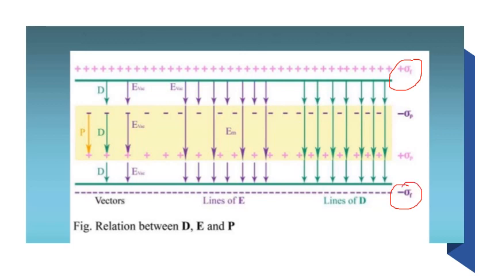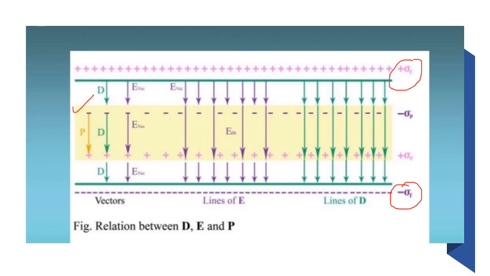Now since we are applying the field and keeping a dielectric substance, which is shown in the center here, the dielectric substance, as we have discussed, has bound charges, and due to this there exists a separation of charge.